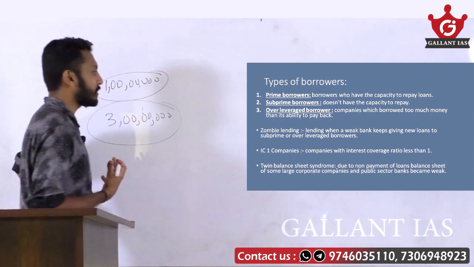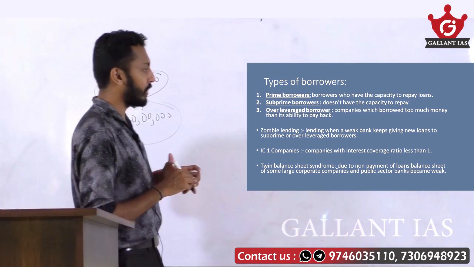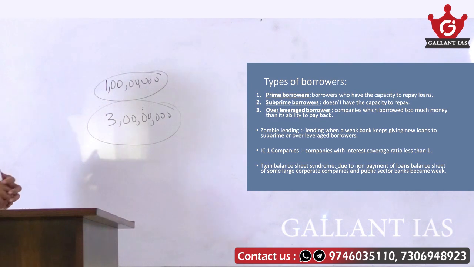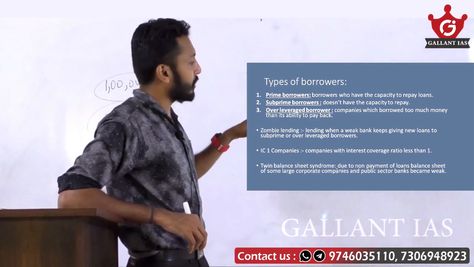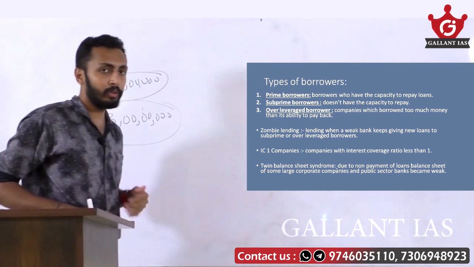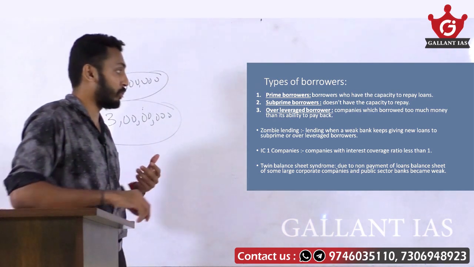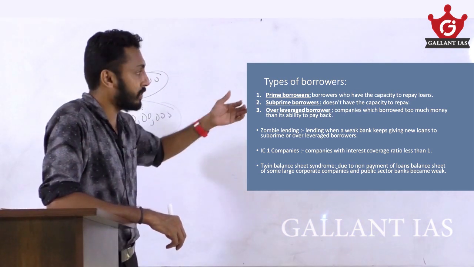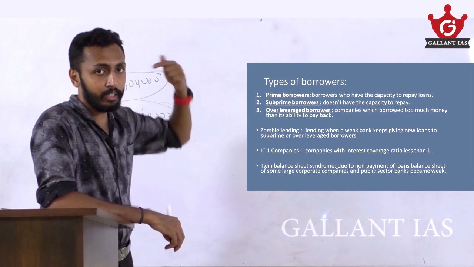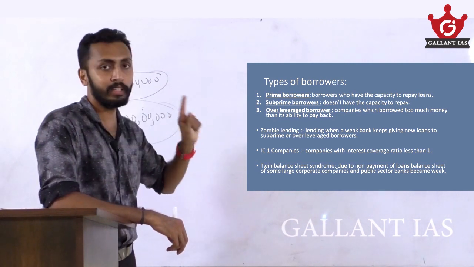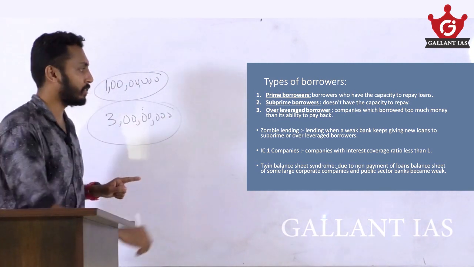Companies who take loans they don't have the capacity to repay are known as over leveraged borrowers. So in the case of individuals, it is a subprime borrower, but in the case of companies, it is an over leveraged borrower. I think you get the concept.